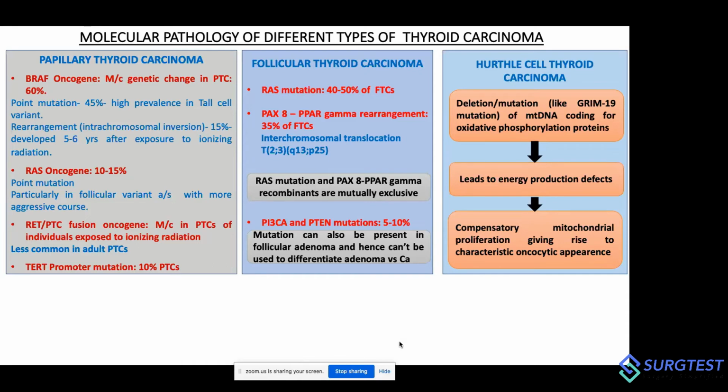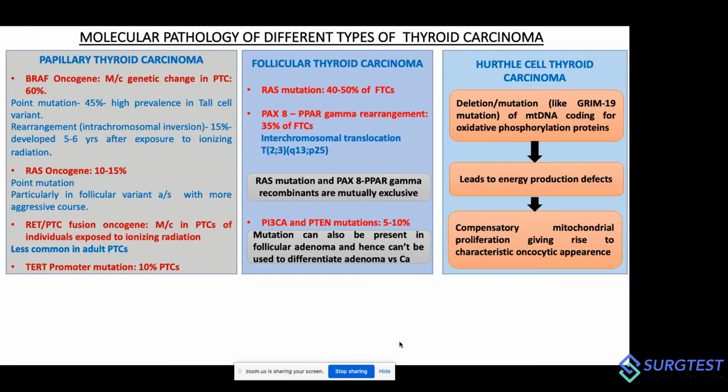Now, Hurthle cell thyroid carcinoma has various mutations, like GRIM19 mutation. That one I could just search about. Mutations or deletions like GRIM19 occur in the mitochondrial DNA, in the genes that code for oxidative phosphorylation proteins. When there is a defect in these proteins, there is a deficiency of energy production.